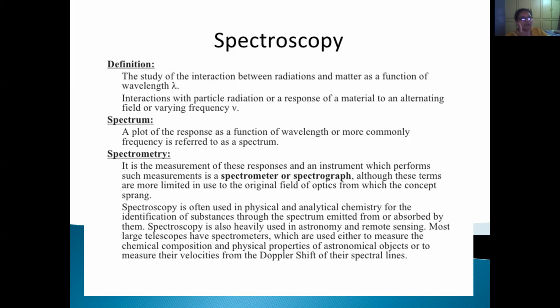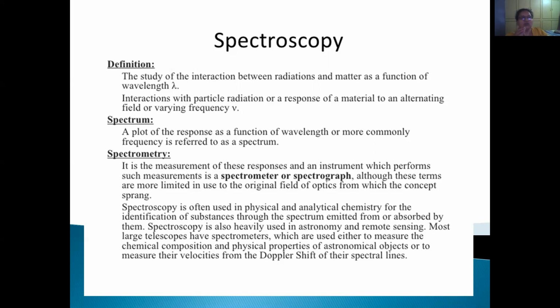There are two types of spectroscopy. First one is absorption spectroscopy and second is emission spectroscopy. If the radiations are being absorbed, then it gives absorption spectroscopy. And if the radiations are being emitted, then it gives us emission spectroscopy. These two are the main types, that is absorption and emission.